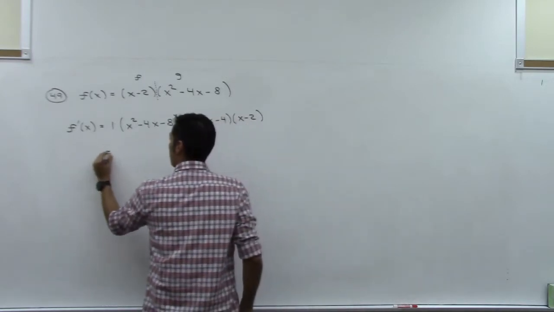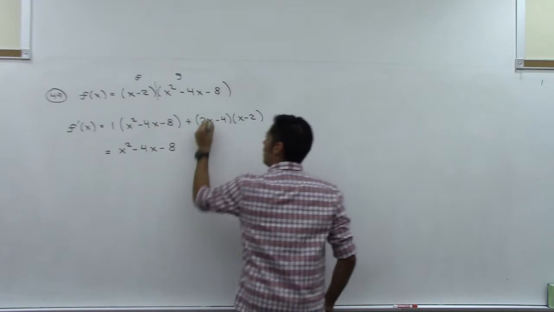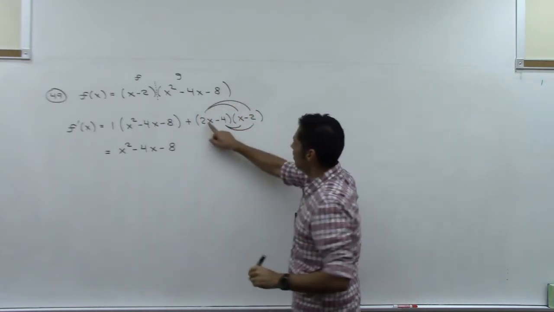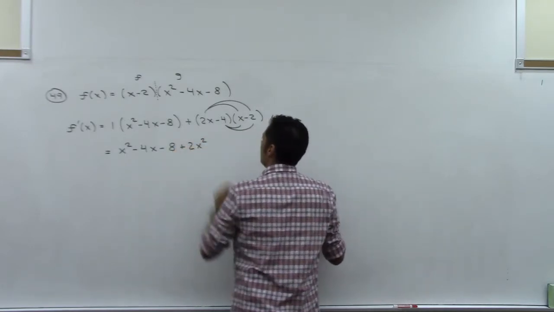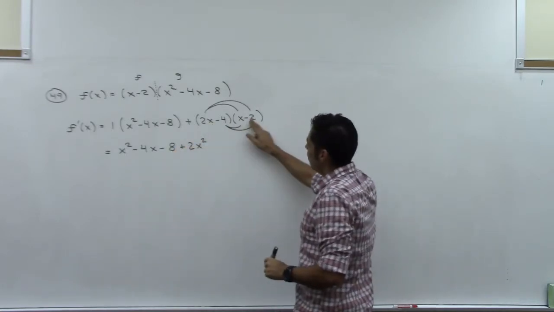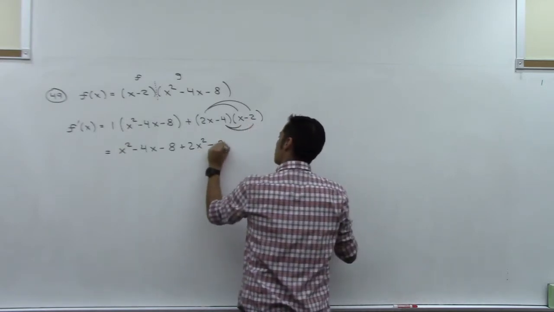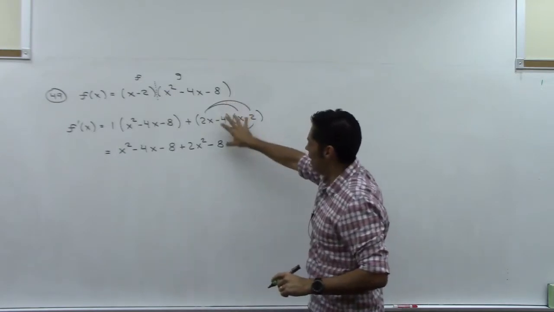And let me actually figure out what this is. This is x squared minus 4x minus 8. I'm going to go ahead and multiply this out. So I'm going to trust that you can do this. Foiling, you're going to get 2x squared, and then you're going to get minus 4x, then minus another 4x, so minus 8x, and then you get plus 8. So that's what happens if you multiply this out together.